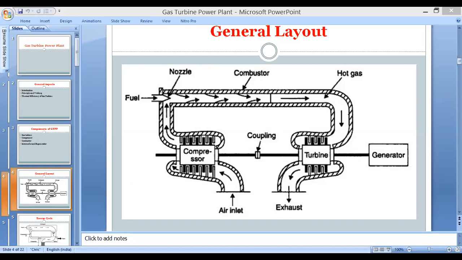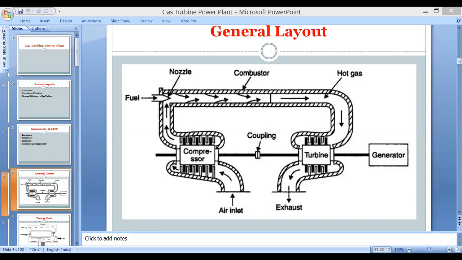The shaft energy to drive the compressor is about twice as much as the useful shaft output. Actually, the shaft energy keeps circulating in the cycle as long as the turbine runs.